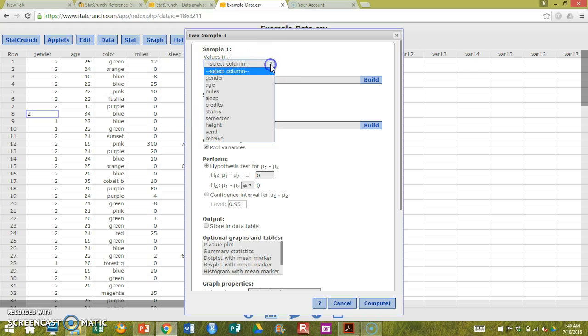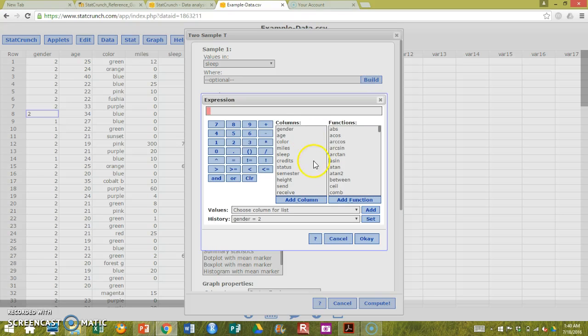Here's how this works. I care about sleep hours. That's what our research question is about. Now I need to tell it which group I want to pick. I'm picking a subset of this data. So if I want to pick just men, then what I do is I put in this little logic statement. If I want to select men, I can double click gender, I can click the equal sign, and I can set the value that I want to pick the gender that I care about.